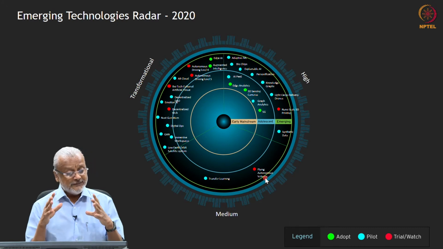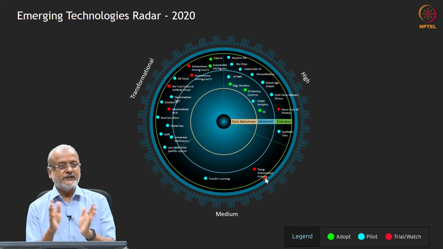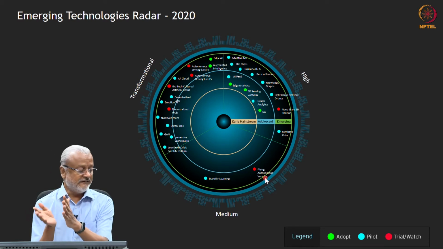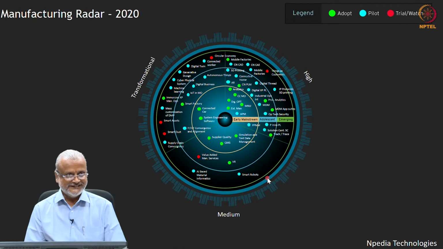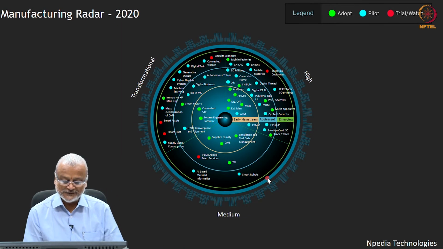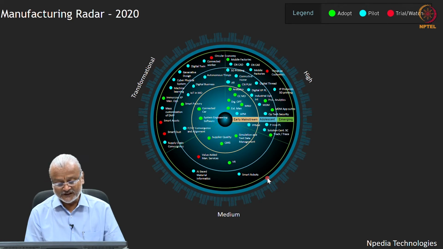So with emerging technologies giving you this overall picture, I want to take you into the manufacturing type of technologies that are having an impact on that. Let's look into that. Wow, this is cluttered, right? A lot of technologies are there, both in transformational and high. And even in medium, the relative density of the technologies listed is very high.